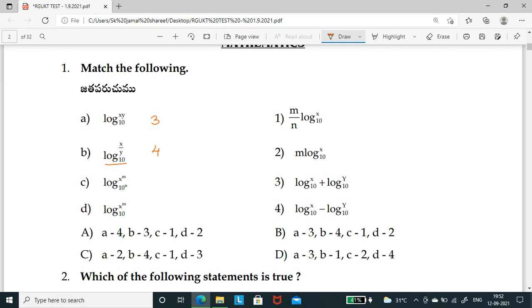Next, log x power m to the base 10 power n is the power rule, so I can write it as m by n into log of x to the base 10. This is option number 1. Next, m into log x to the base 10 is option number 2. So 3 4 1 2. Option B is my answer here.